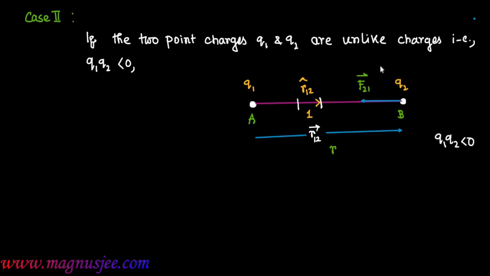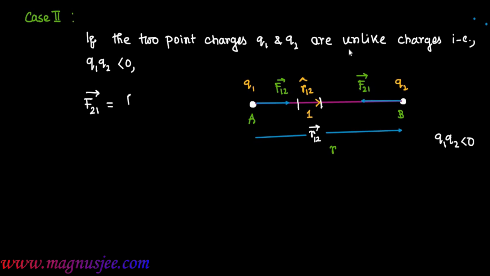Vector F21 is the electrostatic force vector experienced by q2 due to q1, and this electrostatic force is attractive in nature. Similarly, we can denote the force experienced by q1 due to the other charge q2. Vector F12 is the electrostatic force vector experienced by q1 due to q2, and this is also attractive in nature.